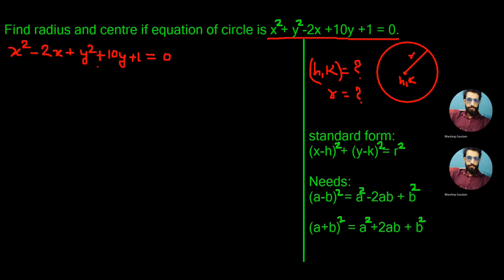Now we will target to express this given equation in the form x minus h whole square plus y minus k whole square is equal to r square, which is our standard form.